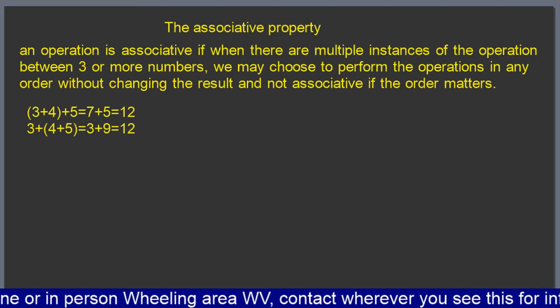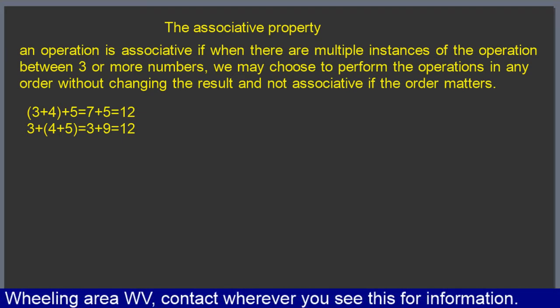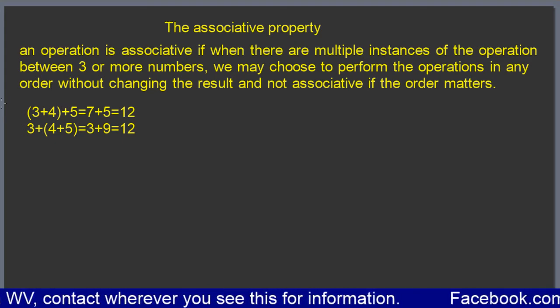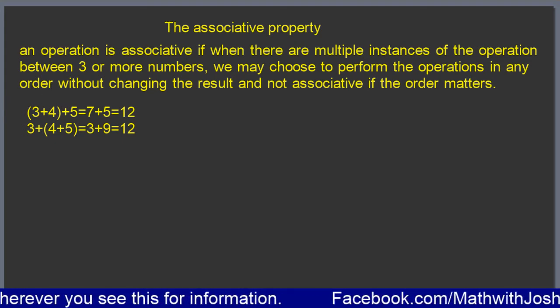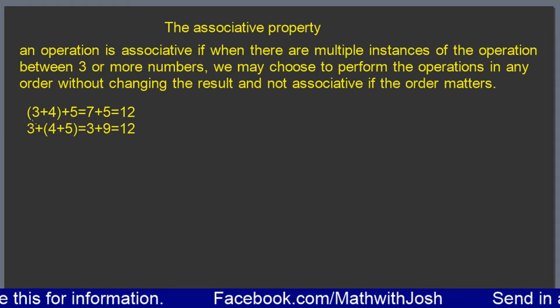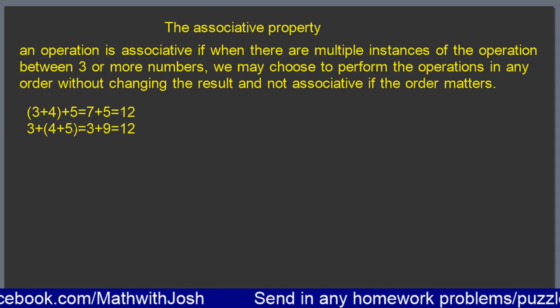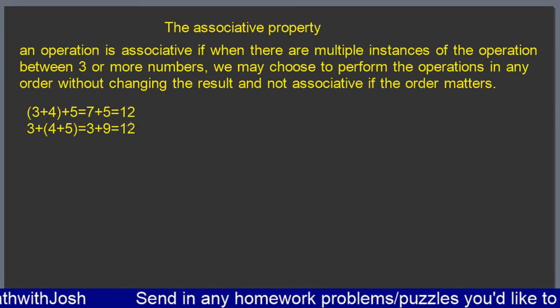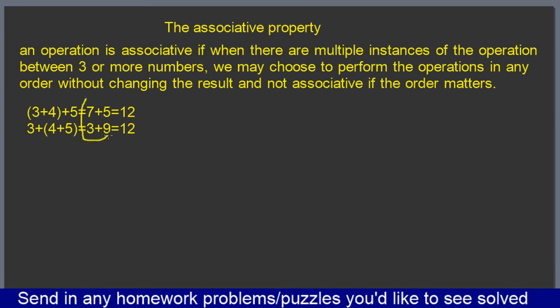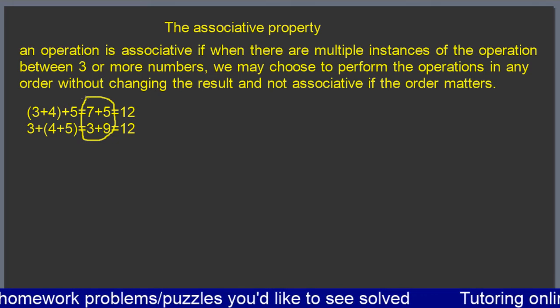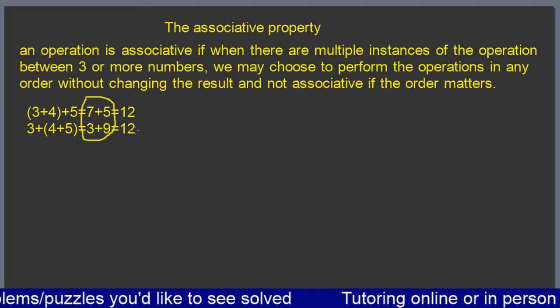So the simplest example is with addition. If we have 3 plus 4 plus 5, it doesn't matter if we do the 3 plus 4 first or the 4 plus 5 first. We'll get a different intermediate step if we choose to write it down, but we'll get the same answer.